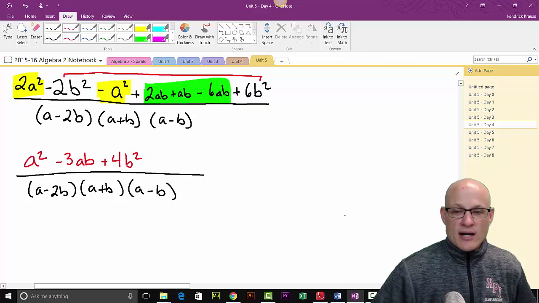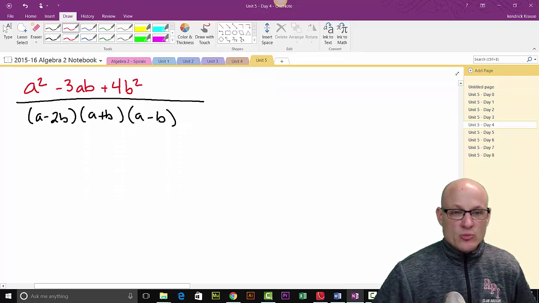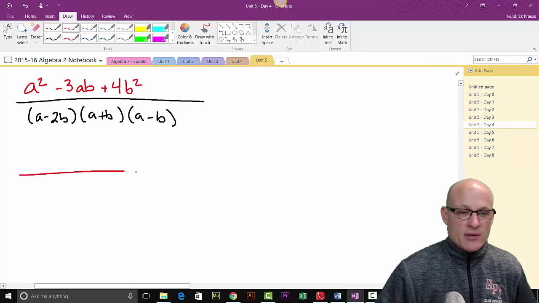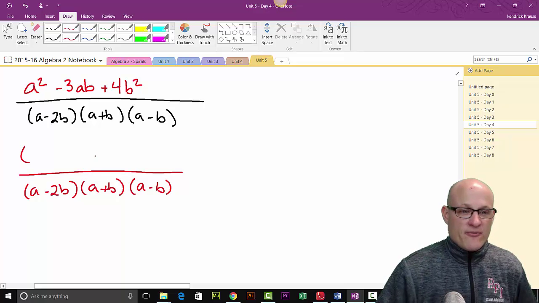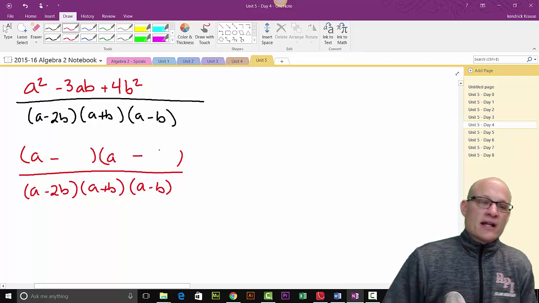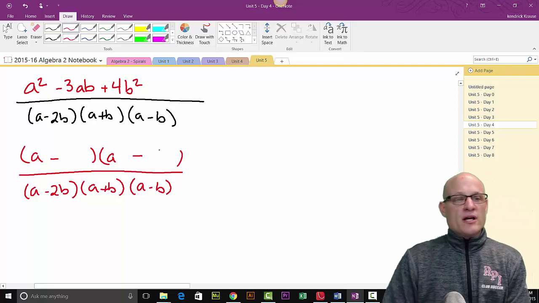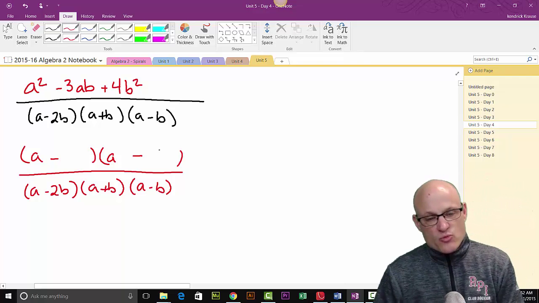And then if I combine these two things, I get plus 4b squared. Now, I'm relatively certain that that numerator can be factored. So the denominator I'm not touching. It's a minus 2b, a plus b, a minus b. If it's going to factor, it's going to be a and a. Both of these are going to be minus. Now they got to multiply to 4 and add up to 3.